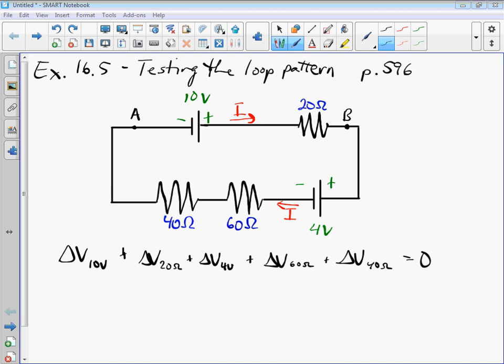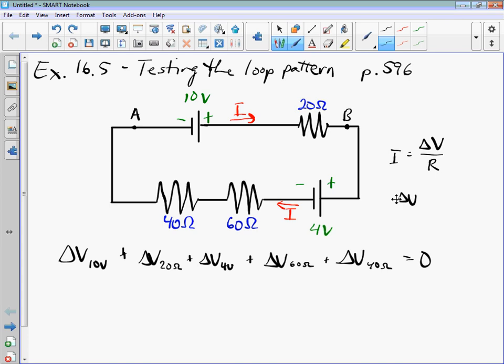The change in voltage for the batteries is easy. It's their voltage value. The resistors, you have to use Ohm's law. Think about Ohm's law a little bit to figure out what the voltage would be. Reminding you that Ohm's law, current I equals change in voltage over the resistance. Well, if we want to know change in voltage, that would be this.